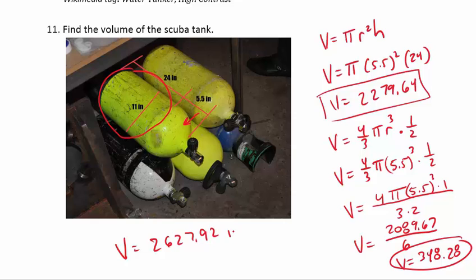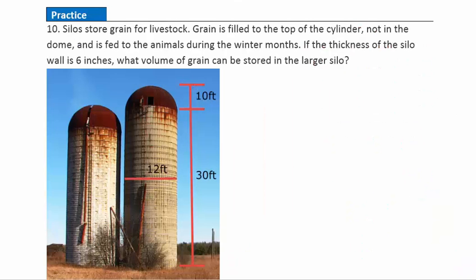Now this was in inches, and since we're dealing with volume, I want to write that as cubic inches for the volume of this scuba tank. All right. Go ahead now and pause your video player, and now we'll do the last practice question for this section. When you're done, hit play to see how you did.